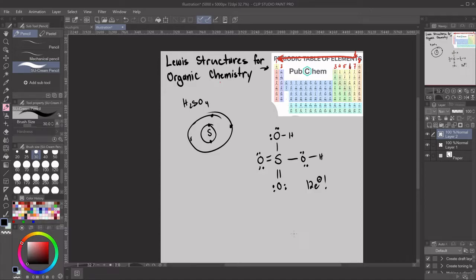So the first 2 electrons will go into something called the 1s orbital. And then the next 2 electrons will go in the 2s. So 1s will hold 2, 2s will hold 2, and then the 2p can hold up to 6. And what you'll notice here is that 2 and 6 are 8. So these 2 orbitals make up this outer ring.